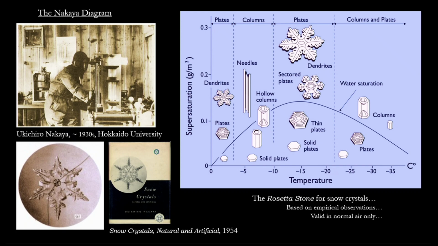After you've named some of these things, you start to study them. And the person who really started doing this the first time, a scientist who really looked at snowflakes as a science project, was Ukichiro Nakaya in the 1930s. And it's a wonderful story if you're a young person looking for a job, because Nakaya could not find a job to save his life.